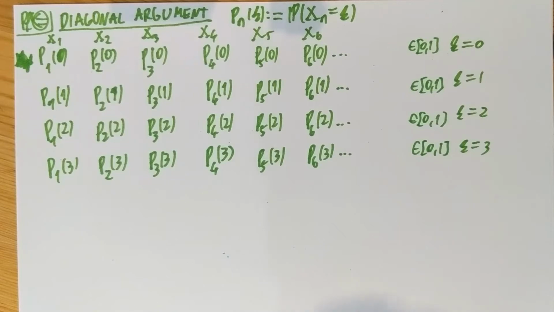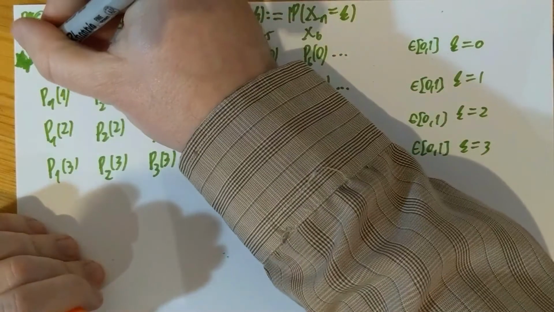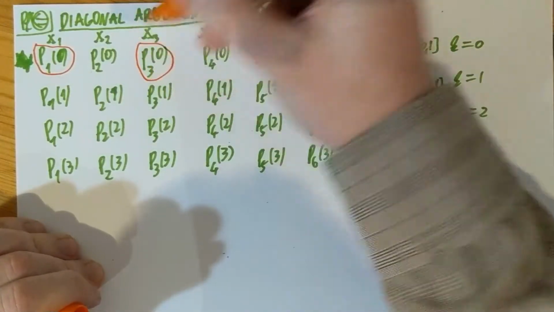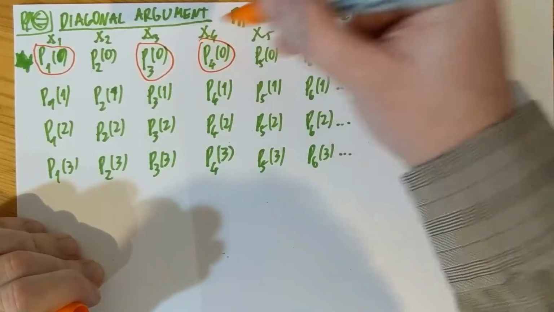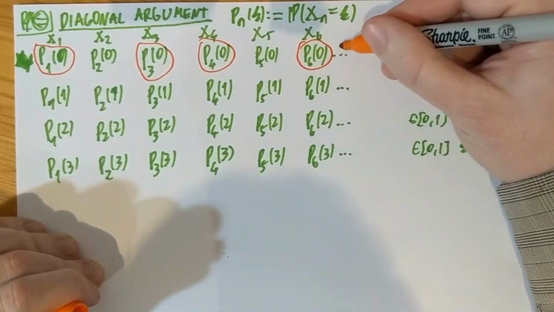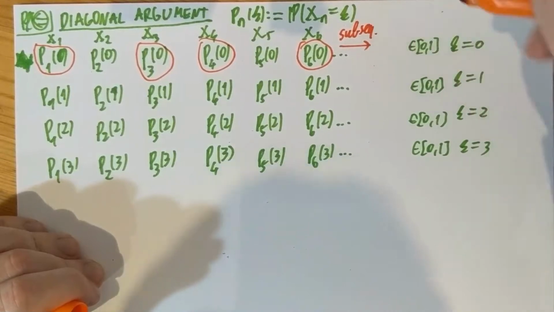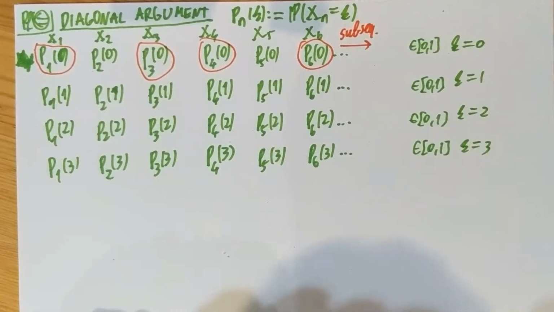So maybe this guy, and then this guy, and this form a convergent subsequence, and they will converge to somewhere. Okay, they will have some limit, which I'm not going to call anything for now, but they have a convergent subsequence.